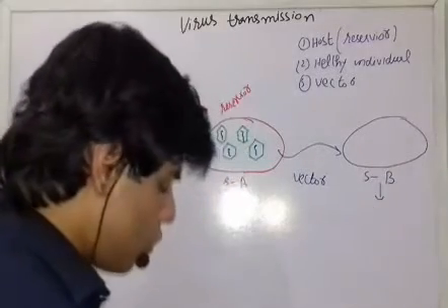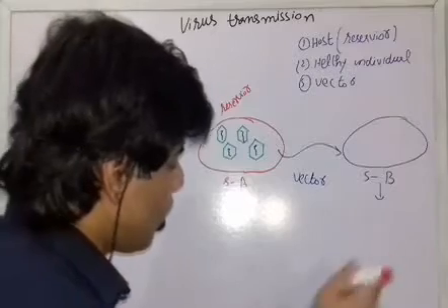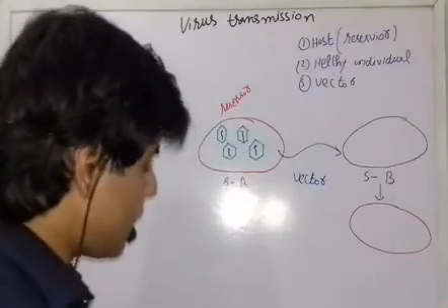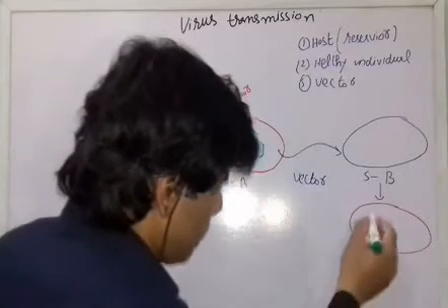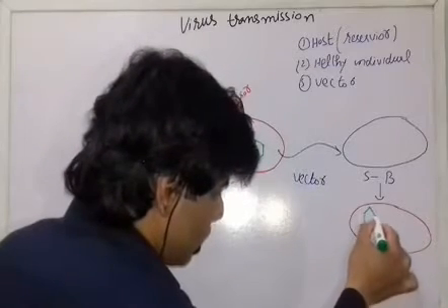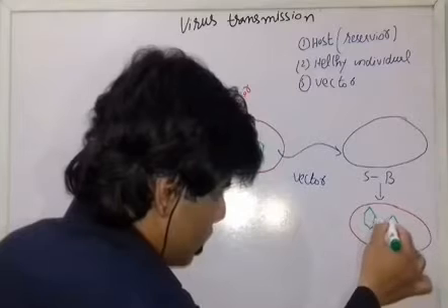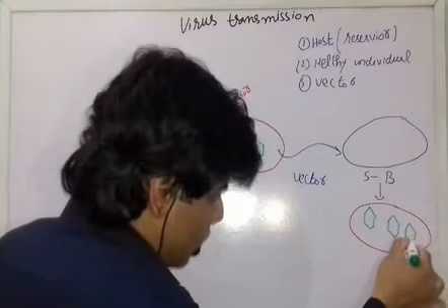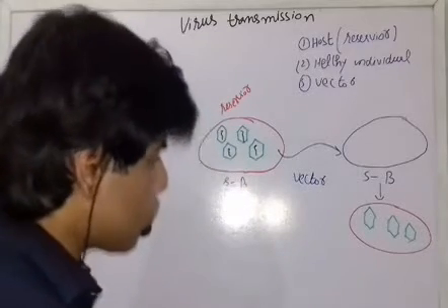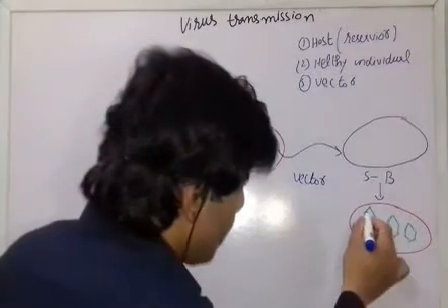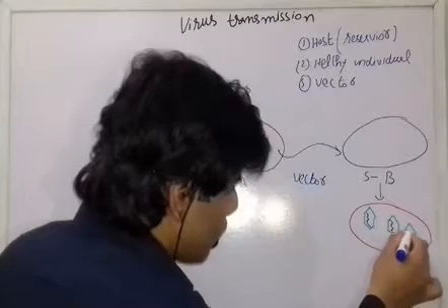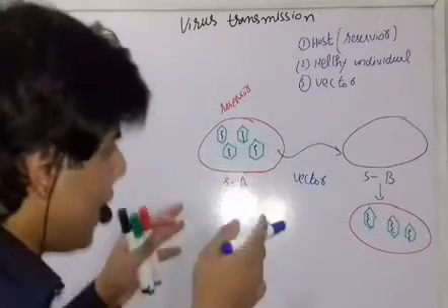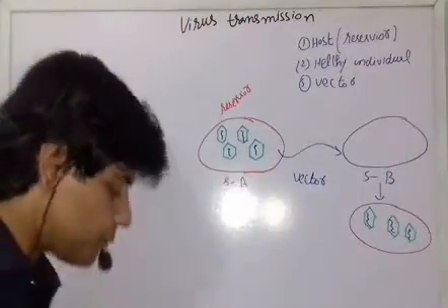This host will now get the virus infection. So specimen B will get the virus infection transmitted from the infected host, and it is possible through the vector.